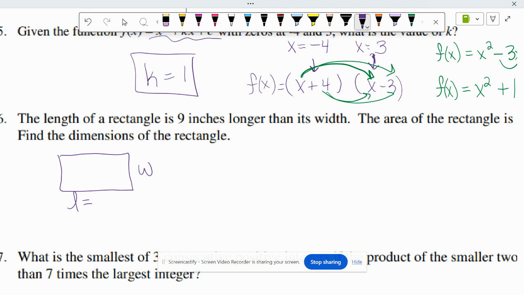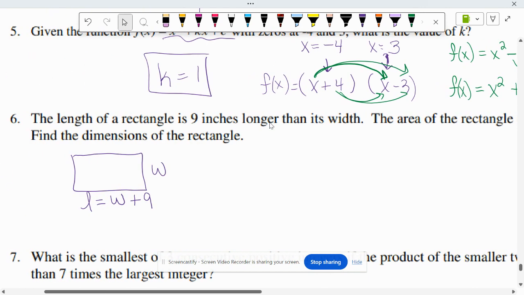What expression is 9 inches longer than the width? W plus 9. It tells me that the area of my rectangle is 70 square inches. So let's see. If I want to find the area, I have to take the length times the width, right? I'm going to set it equal to the area, which is 70.